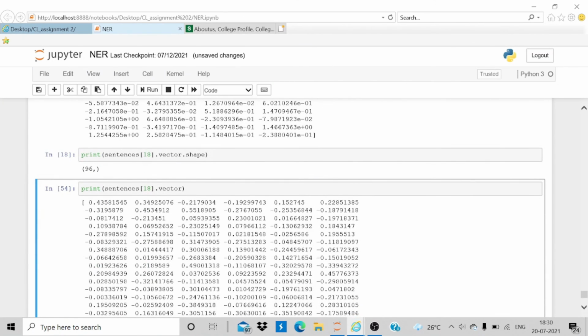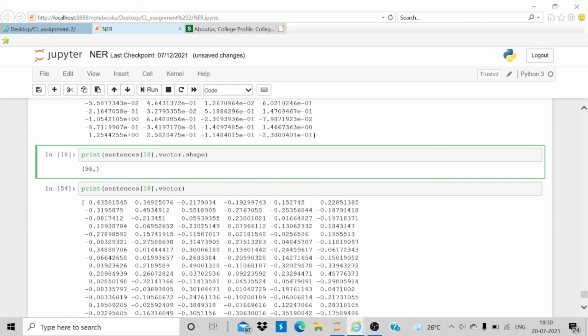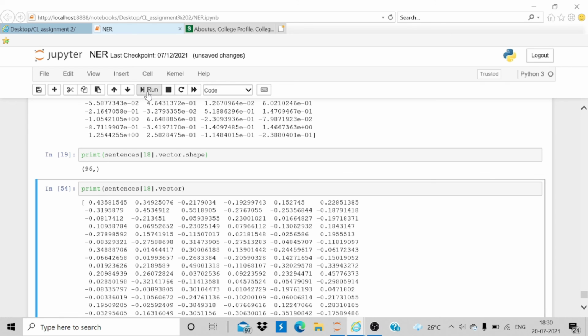Okay, this is the vector for the word mango. And then I'm trying to extract the vector for my sentence 18, which is many research papers are published in international and national journals. In this line, I'm trying to convert these lines into vector variables. The shape of the vector variable consists of 96 vectors.